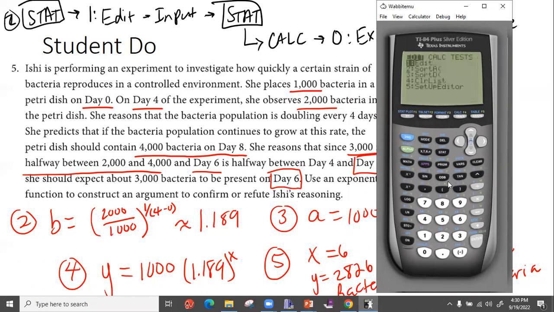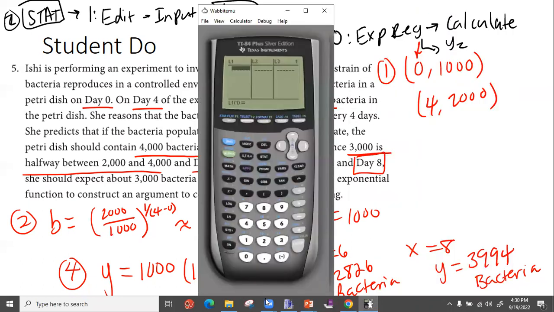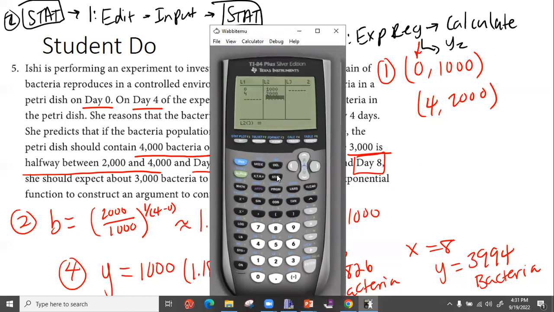I'm going to go to stat edit and input my values: 0, 4, and 1,000. Notice how I'm making sure my X's and Y's are staying together. 2,000.